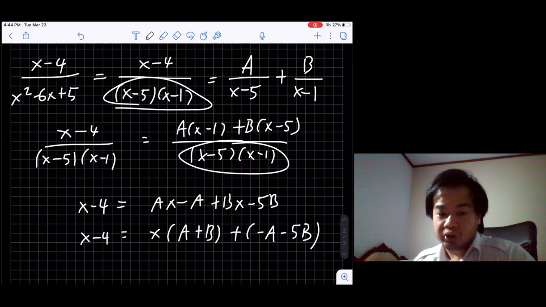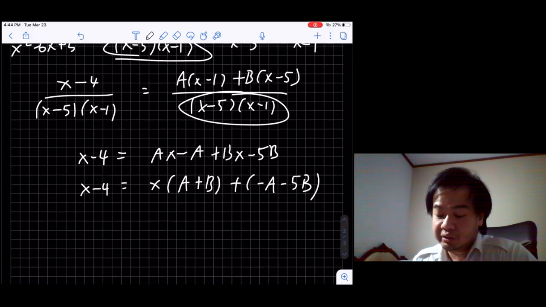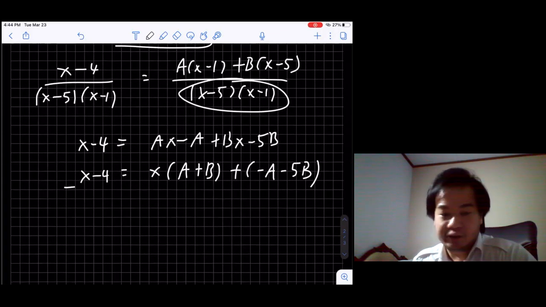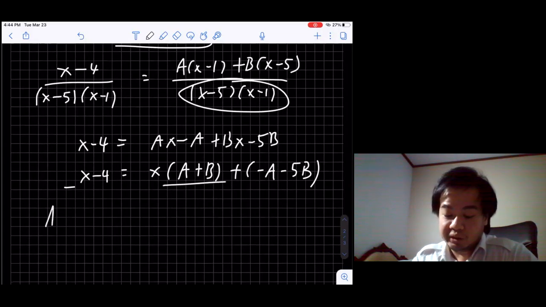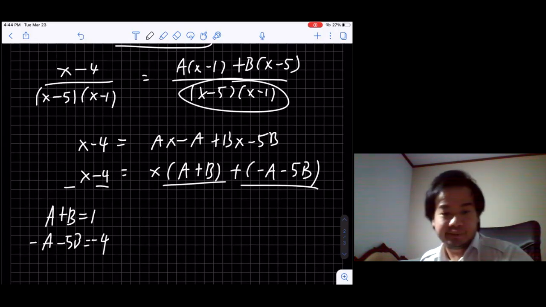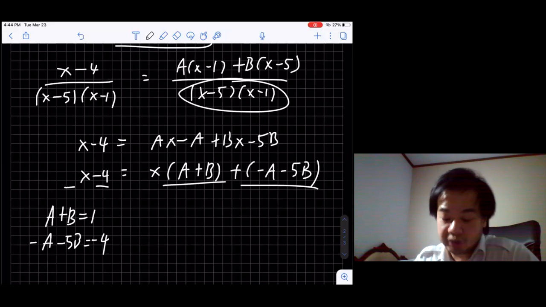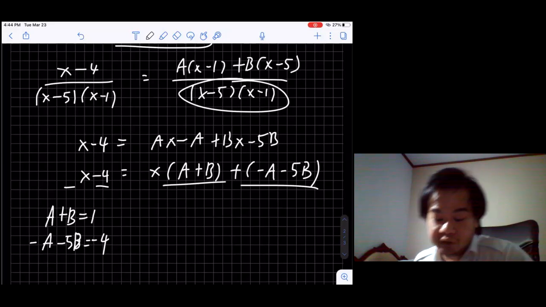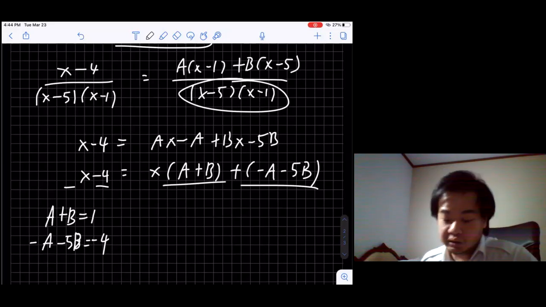This means the coefficient of x on the left side must be the same as the coefficient of x on the right side, so a plus b must be equal to 1. And the constant on the right side, minus a minus 5b, must be equal to the constant on the left side. Then we need to solve this system of linear equations with two variables, which is still easy.